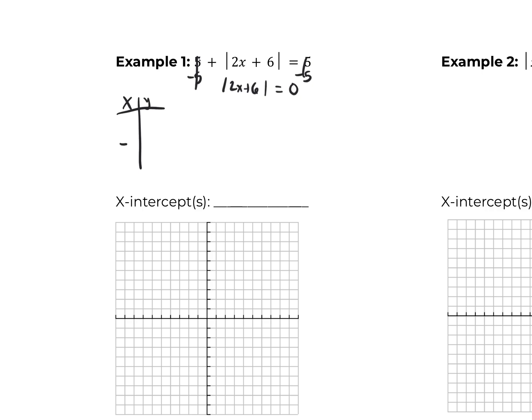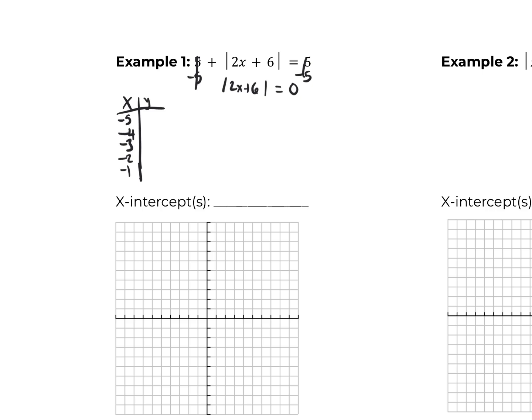So negative 3 is going to be the x value of my vertex. So I'm going to pick some numbers to the left of negative 3. Since it's multiplied by 2, that actually probably won't matter. So I'm going to pick two numbers to the left, negative 4 and negative 5, then negative 2 and negative 1. So we'll just run those 5 numbers through the function.